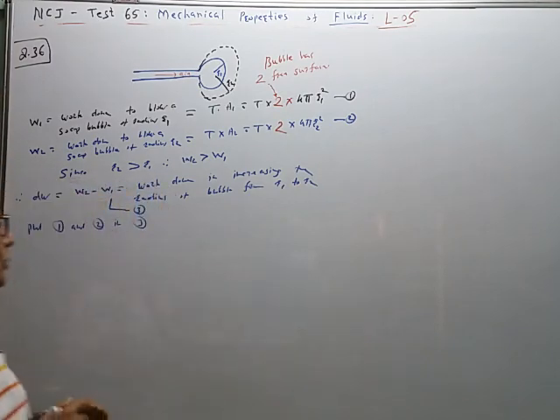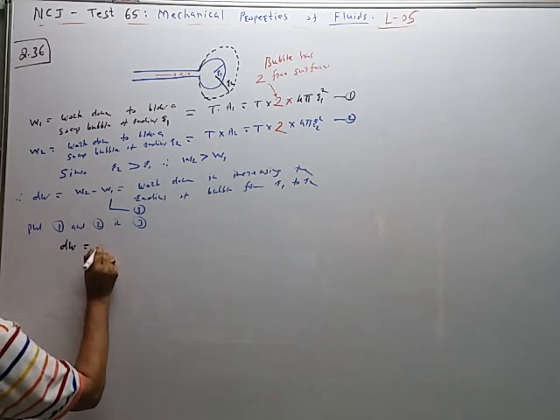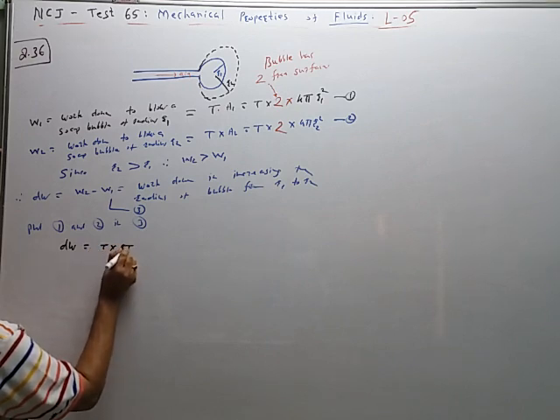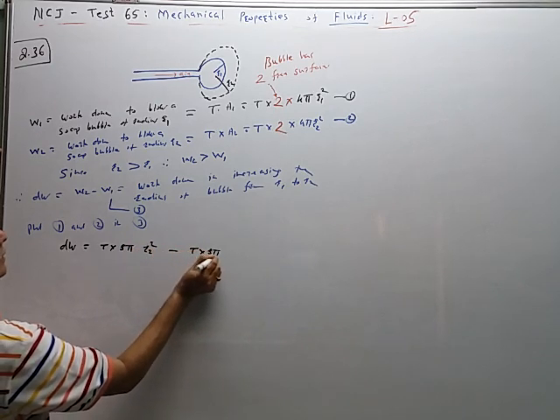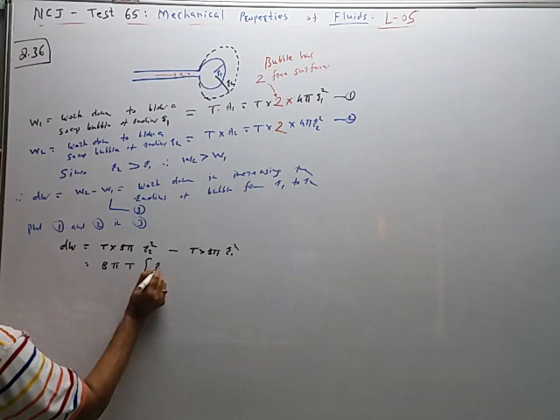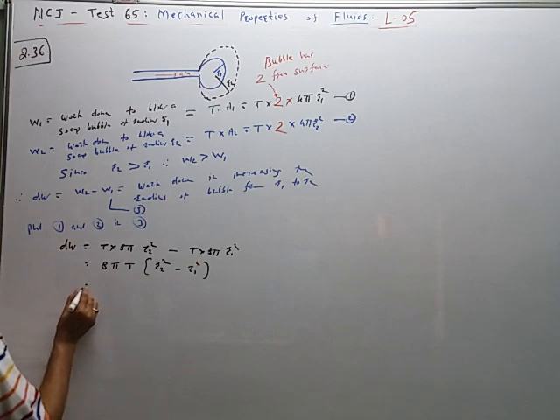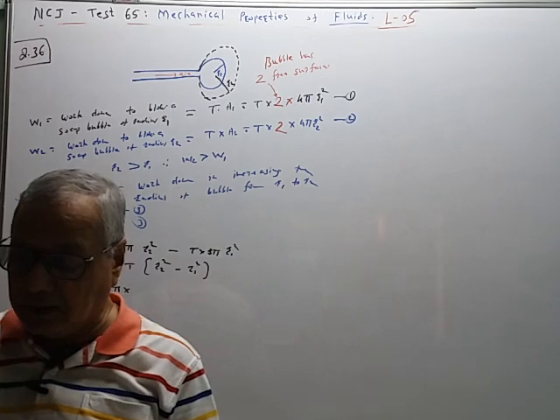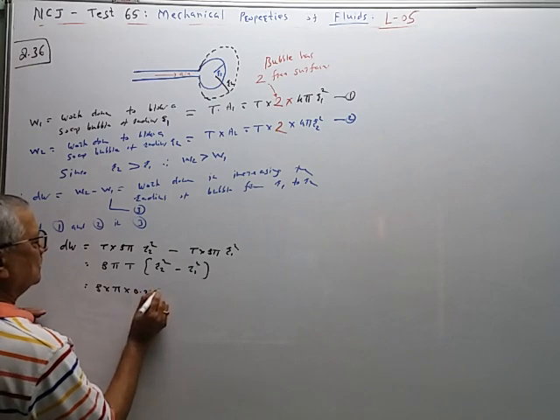Therefore, dW is equal to T multiplied by 8 pi R2 square minus T multiplied by 8 pi R1 square. So 8 pi T common into bracket, R2 square minus R1 square. And now substitute here. So 8 multiplied by pi, the surface tension is given 0.03 Newton per meter.